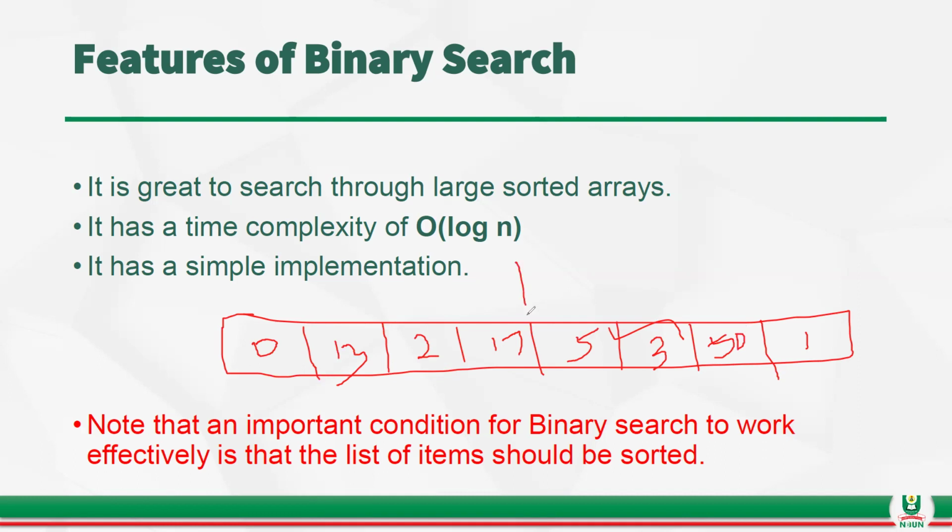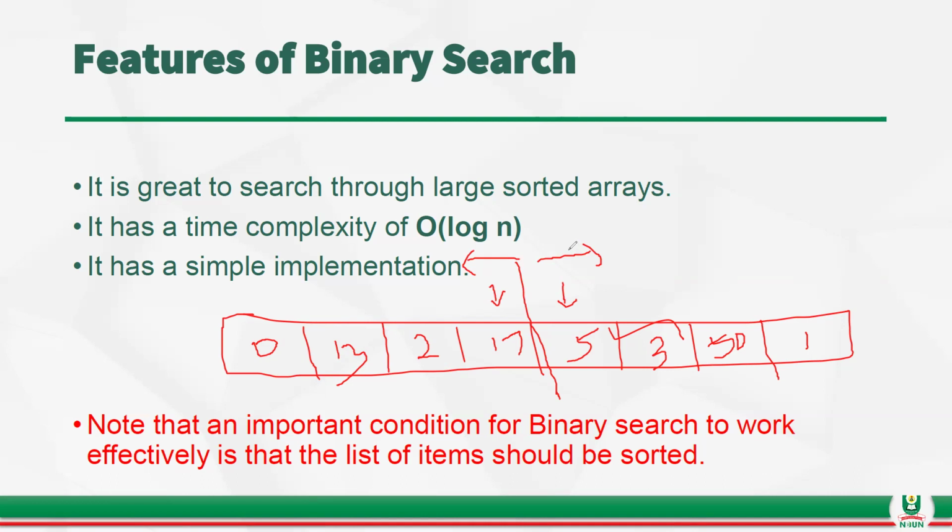So if it's not sorted, if I divide this, maybe I'm actually looking for 1 or 0, depending. When I divide this and then I check, my mind is going to be like, okay, which one is higher? 17. Maybe I'm looking for 50. If I divide it and I check what is here and what is here, where do you think the search will first of all tilt towards? Is it going to tilt towards the right or the left?